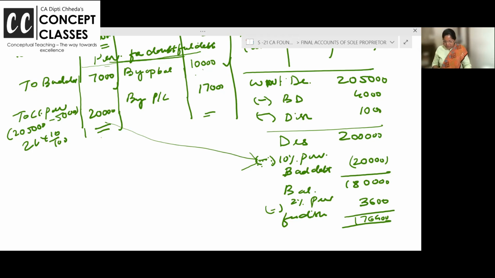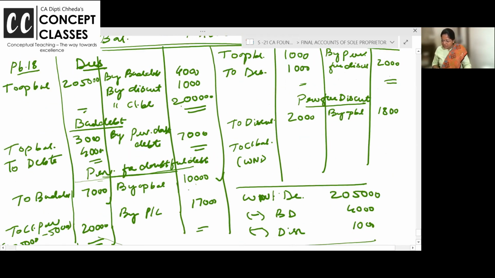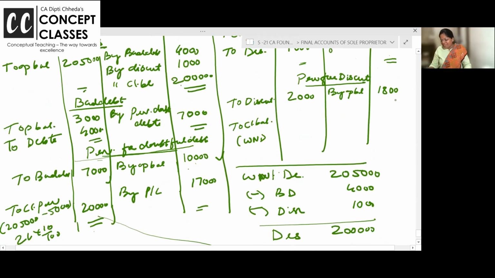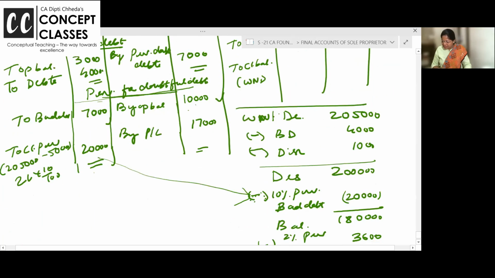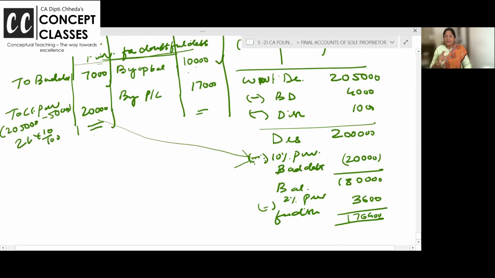All right. Now, can we come to provision for discount? Opening was 1,800. Actual discount was 2,000, adjusted against that. Bad debt we adjust against the provision. Discount we adjust against the provision.